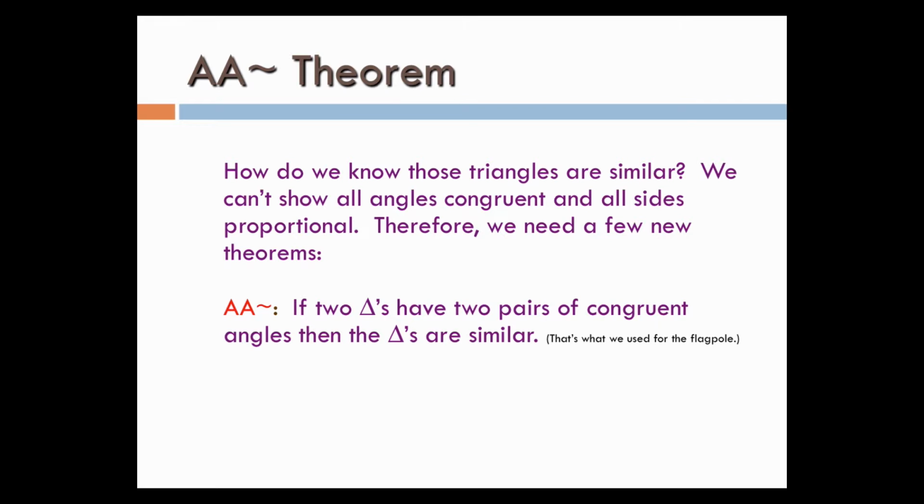But then somebody came up with the idea that if two of the angles are congruent, then the third angle has to be congruent by the third angle theorem, so we don't need the third angle, so let's just call it the angle-angle similarity theorem. You must have that tilde after it. Without that tilde, it implies that it's the angle-angle congruency theorem. And what do we know about the angle-angle theorem? It doesn't work for congruency. It doesn't prove triangles are congruent, it proves triangles are similar.